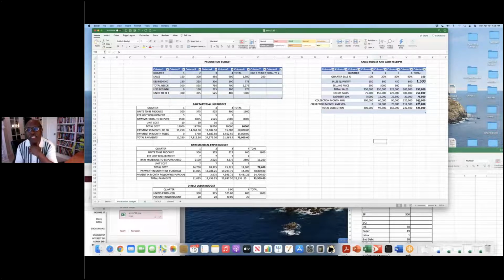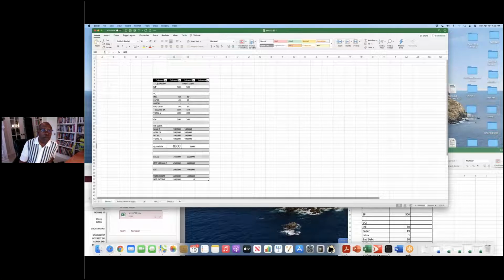Are there any questions on any other number on this sales budget? Is it on the whole thing or only the sales budget? The whole thing, but since this is the first budget, I want to make sure you do it.